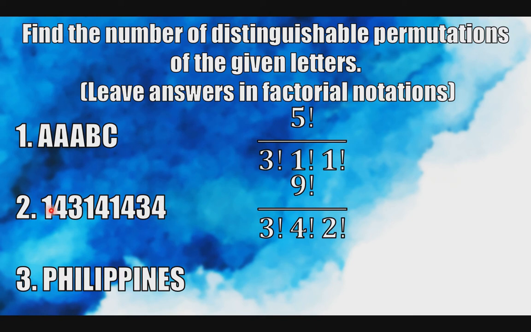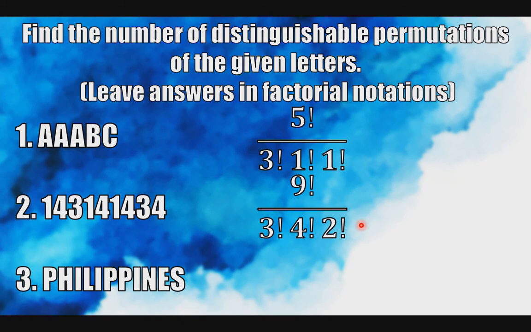So, hindi pala 1, 4, 3, 1, 4, 3, 1, 4, 3. Pero 9 factorial pa din. So, tatlo yung 1 natin, kaya 3 factorial. Then, ang ating 4 is 1, 2, 3, 4, 4 din. So, 4 factorial. At ang ating 3 naman ay dalawa. So, 3 factorial. Dito lahat umuulit.